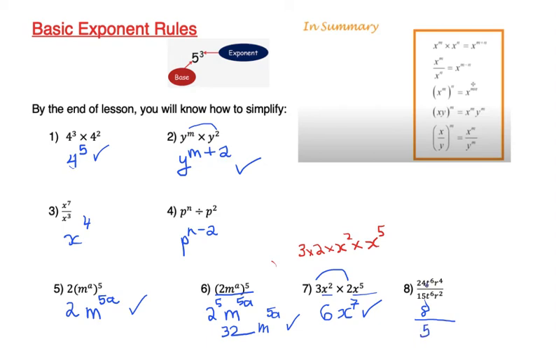Okay, now this is t to the 6 and this is t to the 6. So by subtraction, that's going to be t to the 0. So those are just going to cancel. So we don't have any more t terms left. And r to the power of 4 over r to the power of 2 is going to be r squared. Okay, and that is what your finished result looks like, okay?